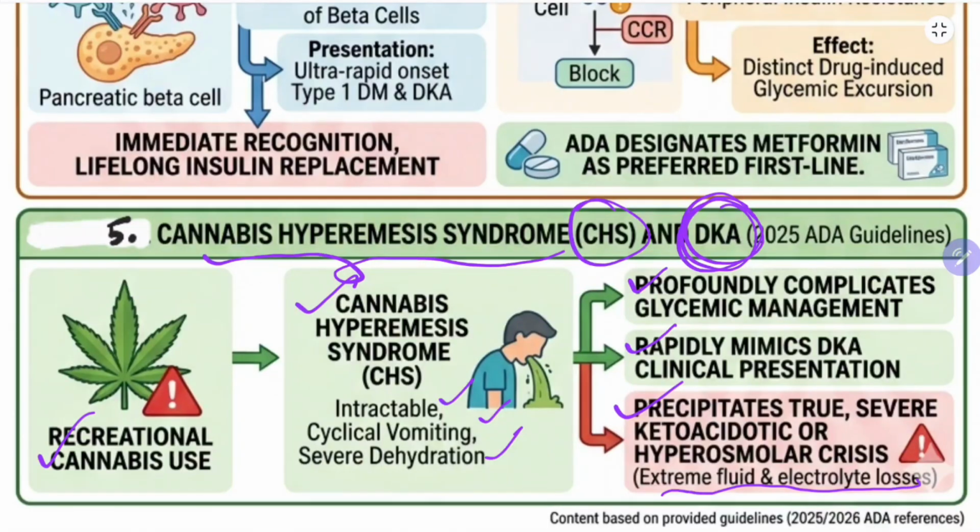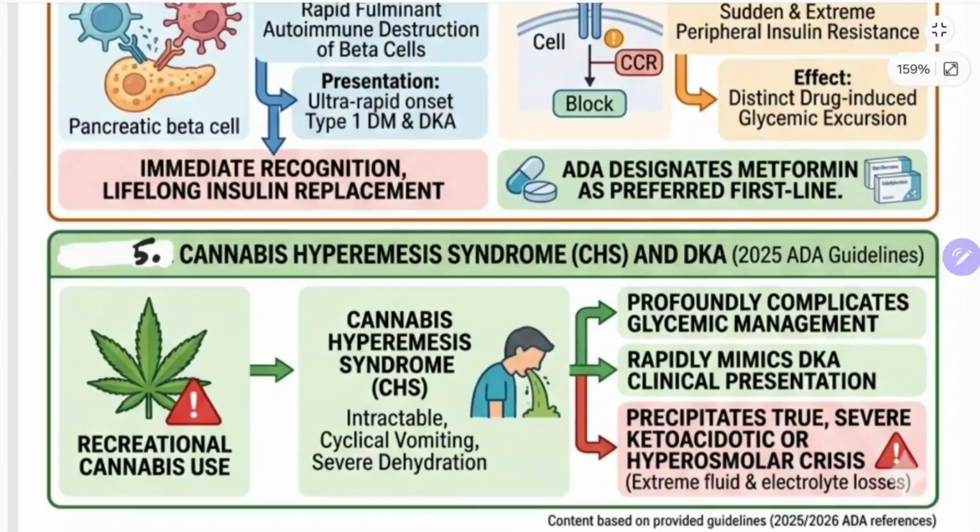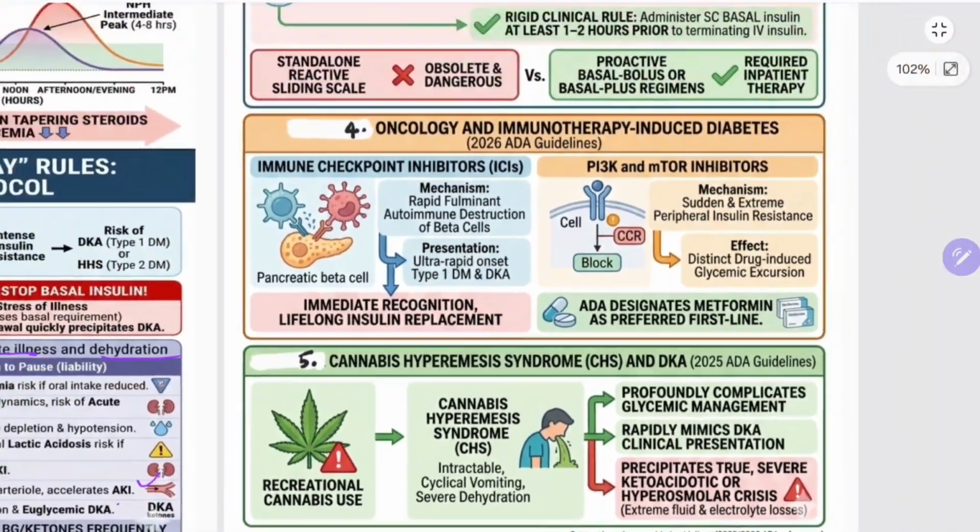So the patient is losing a lot of fluids, and we think it is because of cannabis, but the patient can develop even DKA and HHS because of this. That point should be remembered, and patients with diabetes mellitus should be counseled not to use cannabis, because the symptoms mimic and they will have a high chance of developing DKA and HHS.